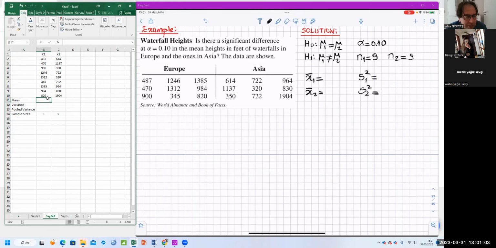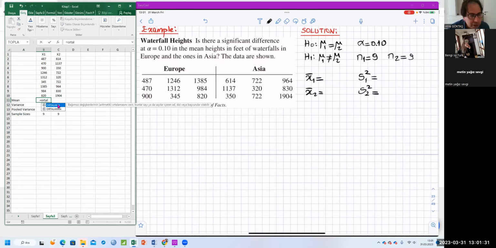I just need to write the function in Excel to get the calculation done automatically. The function starts in Excel with the equals sign. Since I'm using the Turkish version of Excel, I'm using the Turkish equivalent function, which is ortalama. But if you're using the English version, the mean is calculated by the average function.